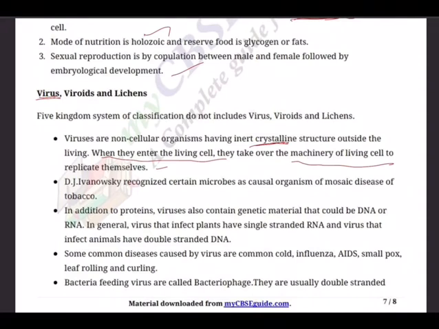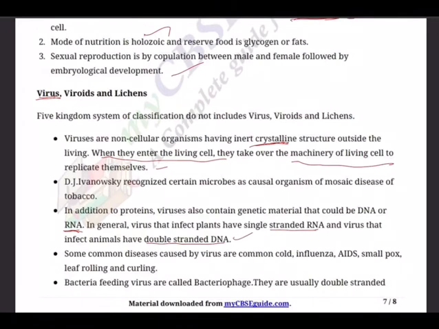In addition to proteins, viruses also contain genetic material that could be DNA or RNA. Most of the viruses will have RNA. In general, viruses that infect plants have single-stranded RNA, we say ssRNA, and viruses that infect animals have dsDNA, double-stranded DNA.